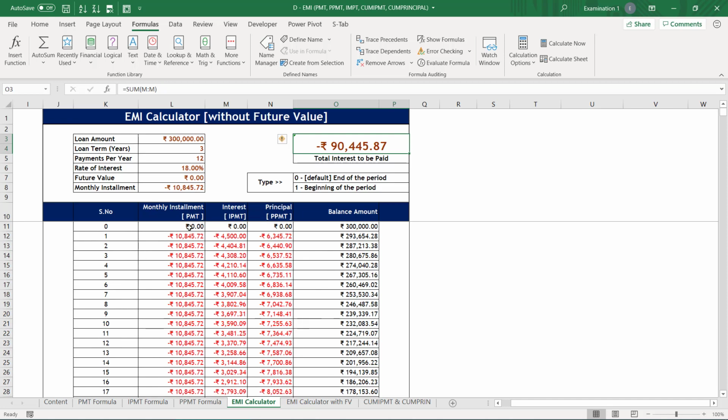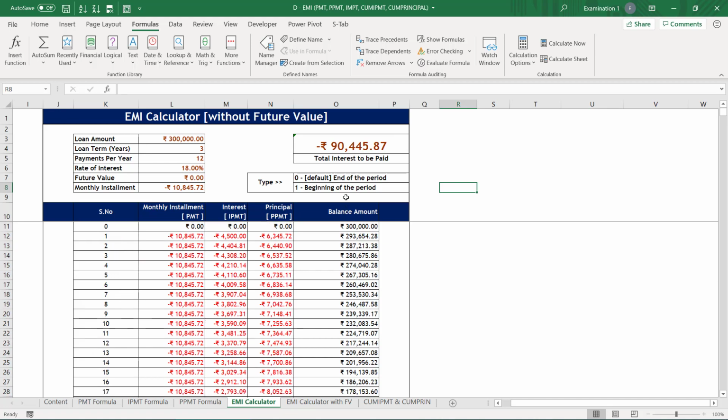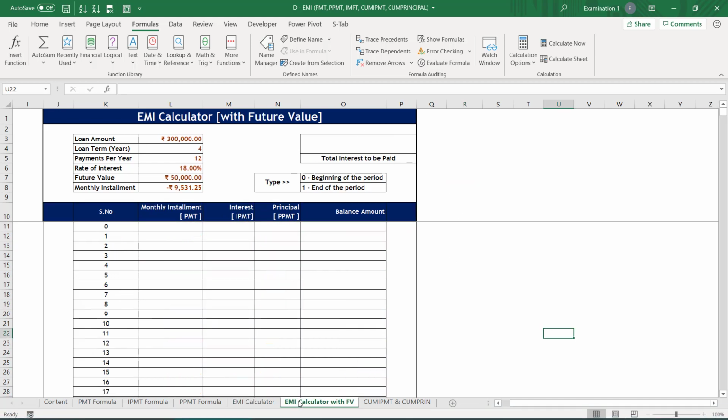And if I sum this column, that means the total amount that I have paid is 3,90,445, out of which 90,000 has been paid as interest. There is another way to do this, and I'll show you in the next sheet.